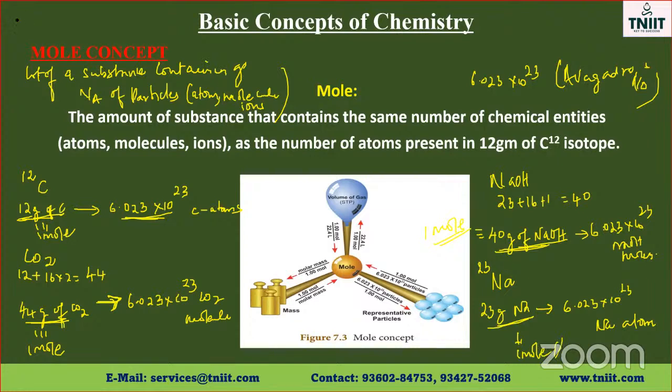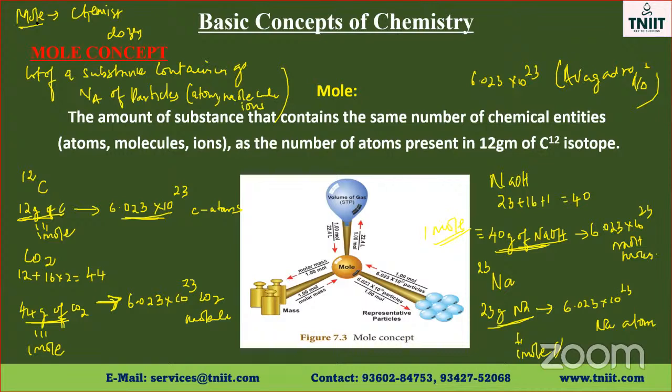See, this mole is called a chemist's dozen. Why do we call this a chemist's dozen? Because we cannot isolate an atom, a molecule, or an ion and perform an experiment. It is not possible for us to separate an atom, ion, or molecule and perform an experiment.